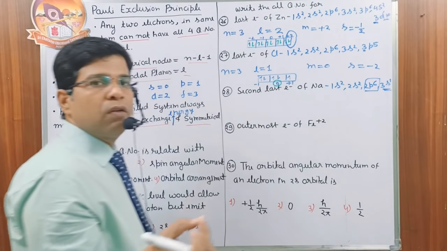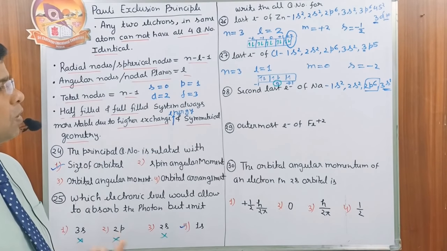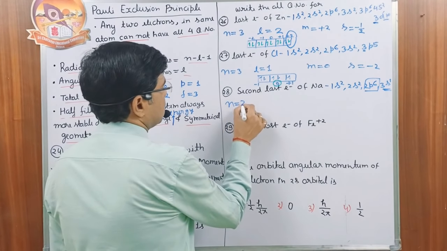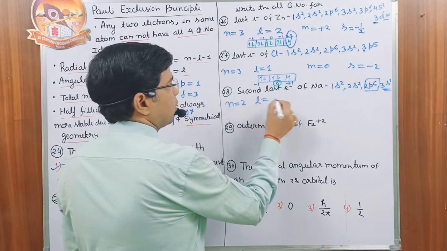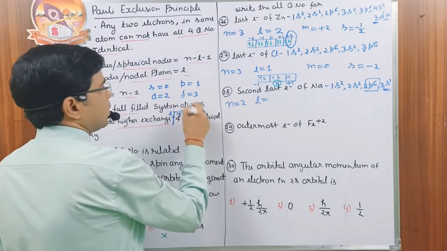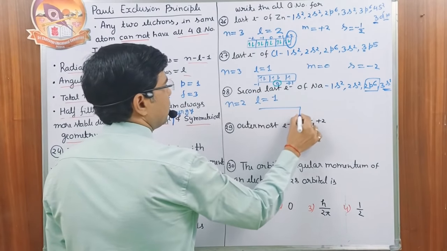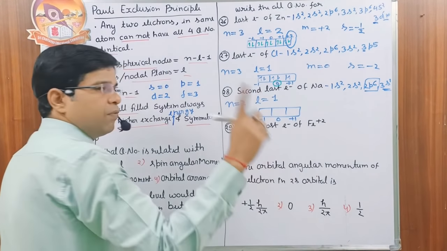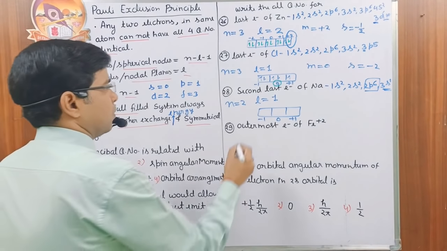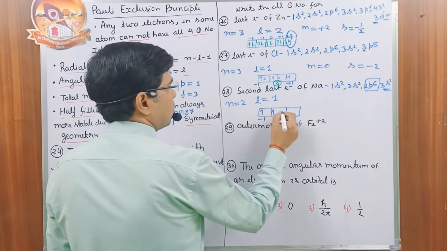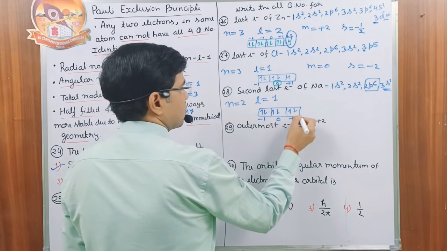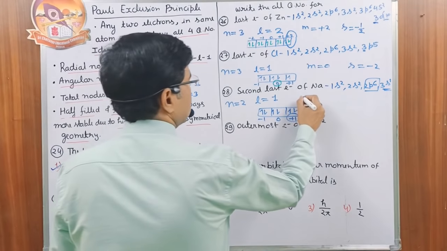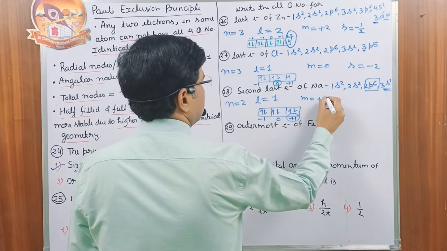We have to find the quantum numbers for that electron. For 2p6, the value of n is 2. The electron is present in the p subshell, so the value of l is 1. In the p subshell we have 3 orbitals, -1, 0 and +1, and we have to check the sixth electron: 1, 2, 3, 4, 5, 6. The sixth electron is present in m equal to +1.